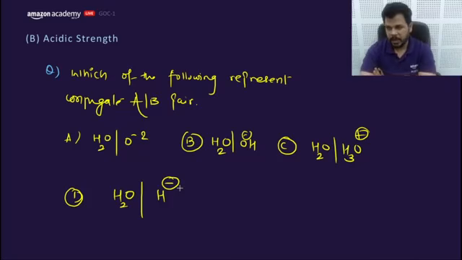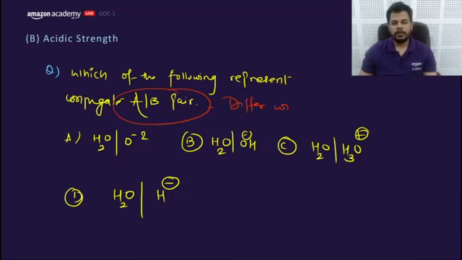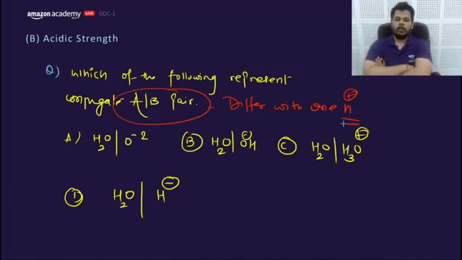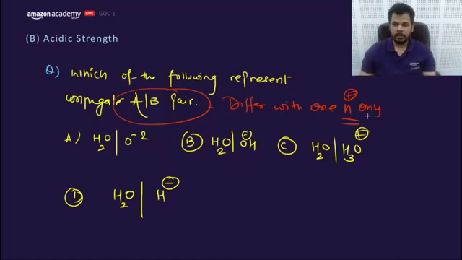This question may or might be multiple correct. A conjugate acid base pair differs by 1 H plus only. That means this cannot be the answer.